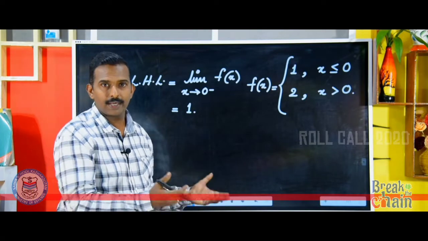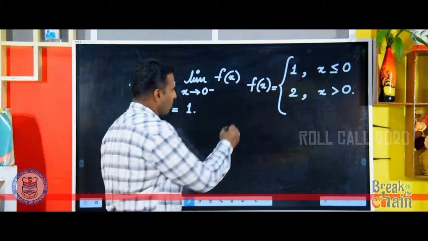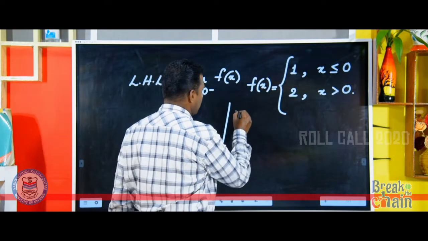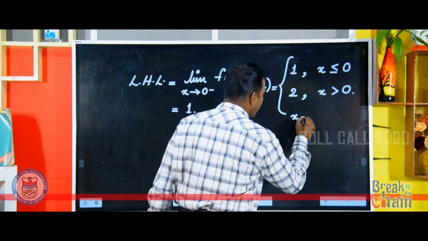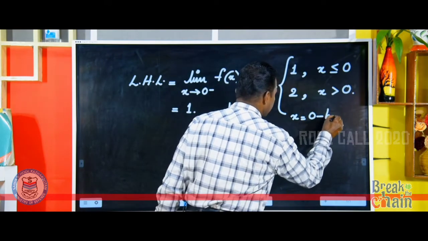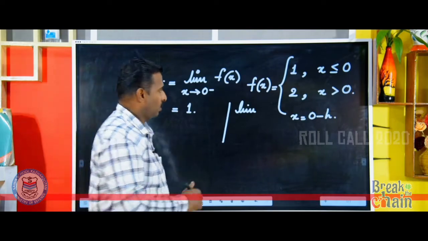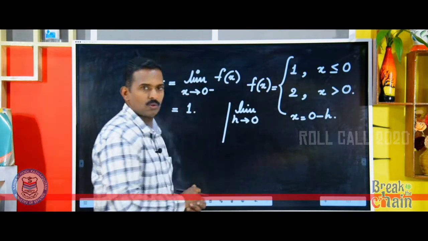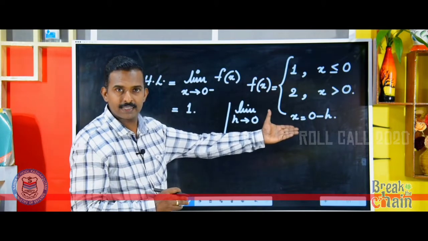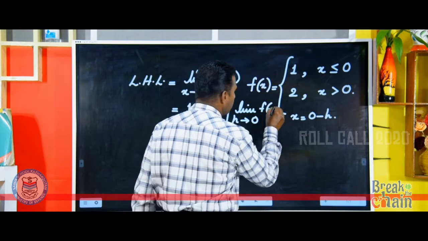Now, in fact, it can be calculated directly. The other option is you can give x equal to 0 minus h. Therefore, limit h tends to 0, what is x? It is minus h. Therefore, here it changes as f of minus h.